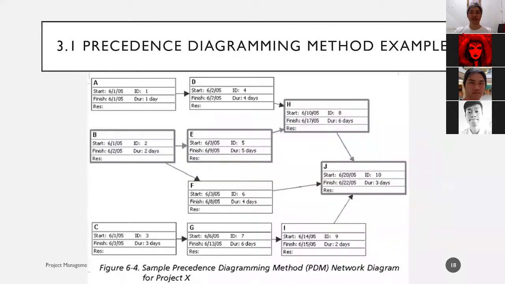So this is the next example. We can see that we have more activities here until J. We can see that A, B, and C can start almost concurrently. They have the same start date.